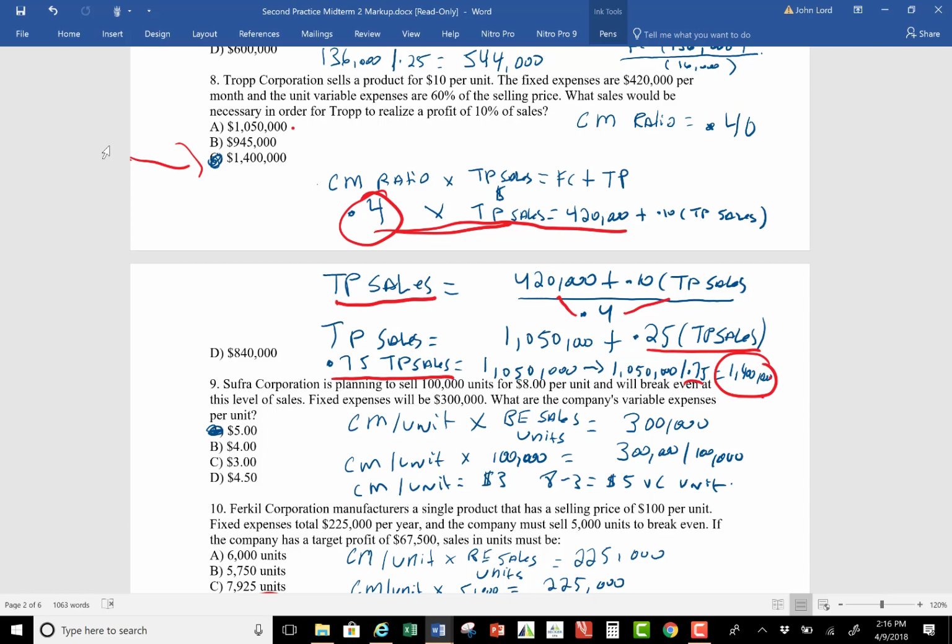So I just set up my formula here, and then I divide each side by 0.4. I always want to subtract that 10% over there, but it doesn't work out well if you do it that way. The way I should have done it was divide each side by 0.4. Then it's target profit sales equals the fixed cost plus 10% of the sales, divided by 0.4.